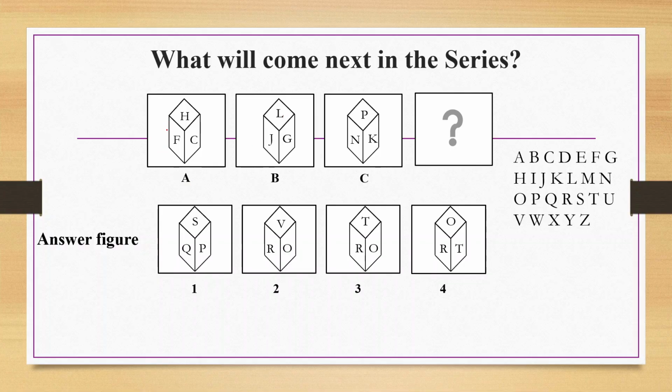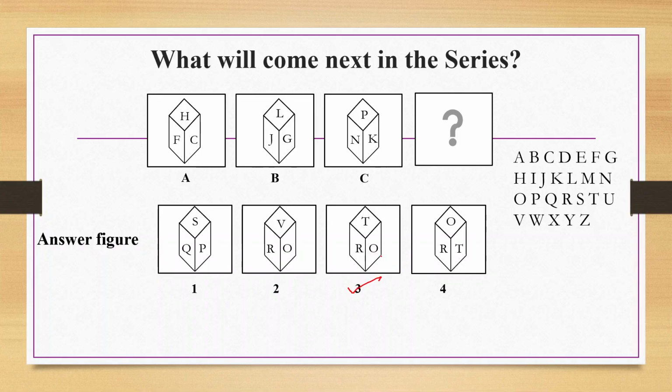Similarly, four alphabets ahead of F is J and four alphabets ahead of C is G. Now we have to find the four alphabets ahead of P. So in the next option, the top face will have four alphabets ahead of P, which is T, and the left face will have four alphabets ahead of N, which is R, and the right face will have four alphabets ahead of K, which is O. Okay, so the top face will have T, the left face will have R, and the right face will have O. So we've got our answer as option number 3.